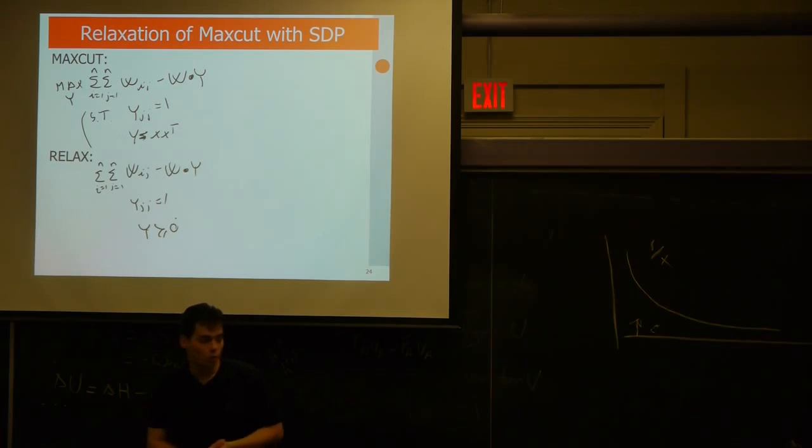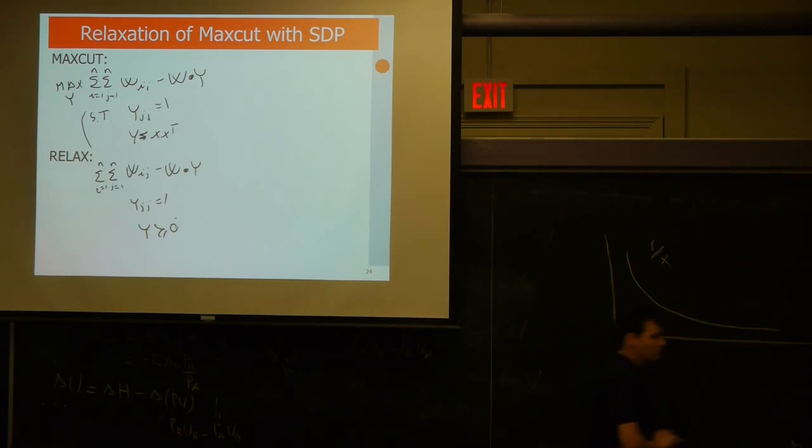So what we can do now is it will just give us a bound, right? That's all we can say, that the max cut optimum value will be less than this relaxed value. That's all we can claim. But at least we can give some bound on an NP-hard problem.